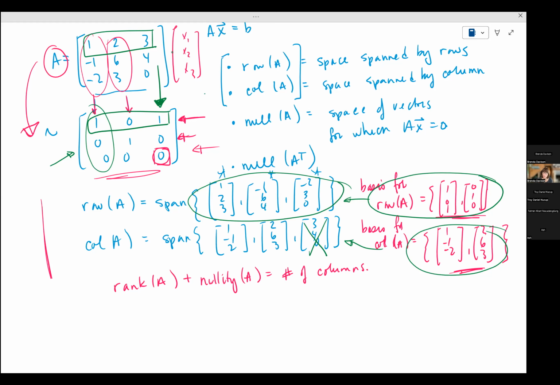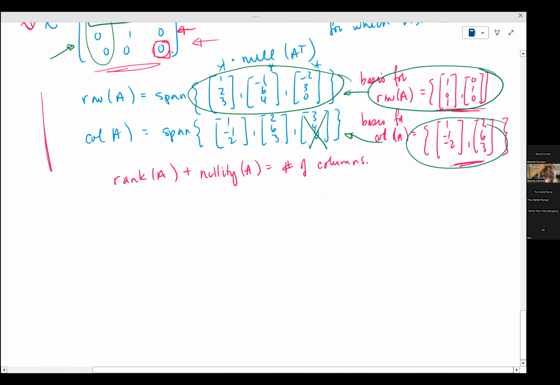So when we're asking for a basis for a space, we learned how to change bases, right? If you've got a particular space, like in this case, we're in R3, it's a 3 by 3 matrix. The example I've concocted is both the row space and column space are planes in R3. So we've got some sort of plane here in R3.